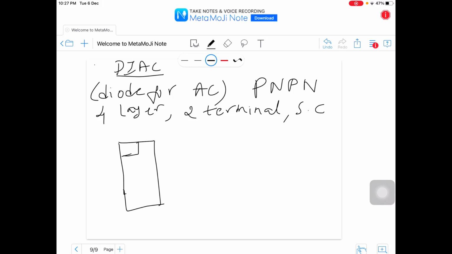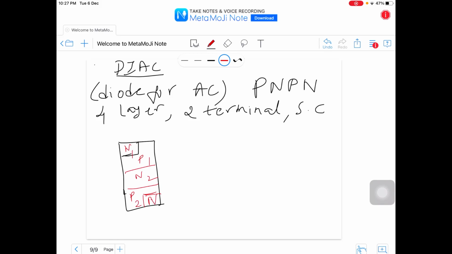Suppose this is the third junction and the fourth layer. The first layer is N1, the second layer is P1, the third layer is N2, and the fourth layer is P2.